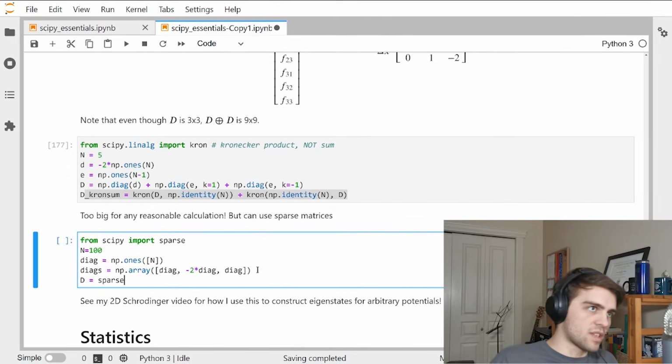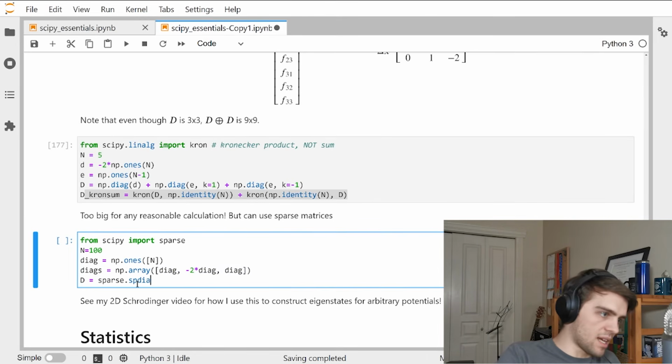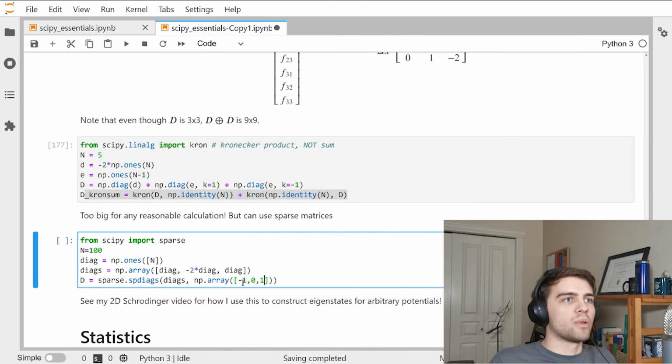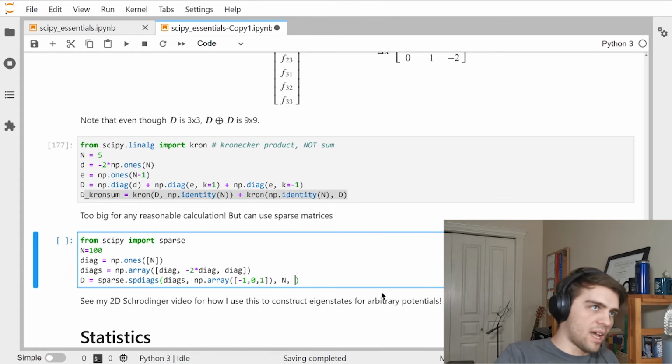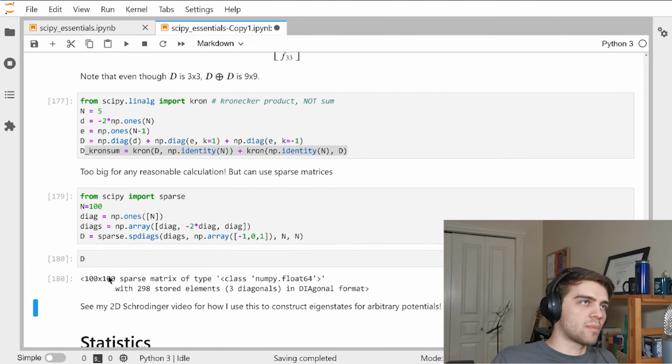This gives the diagonals of my matrix, and so I use sparse.spdiags. I give it my diagonals, and I say I want them at the following points: -1 is below the main diagonal, 0 is on the main diagonal, and 1 is one above the main diagonal. And n. This will get my matrix D. It's a sparse matrix, 100 by 100.